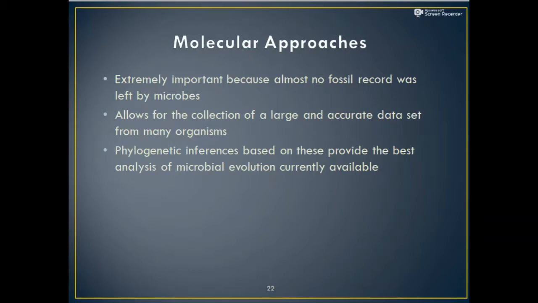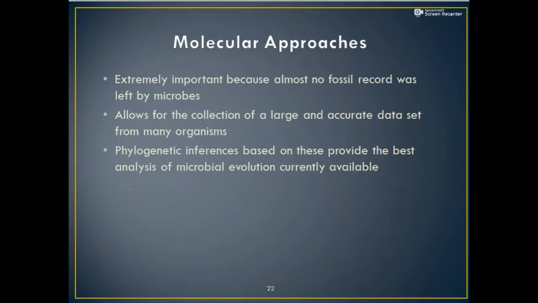But using the genetic material, you will get a larger amount of accurate data. And using these molecular approaches, we get to collect large and accurate data from many organisms. You also can make various phylogenetic inferences based upon this molecular data.